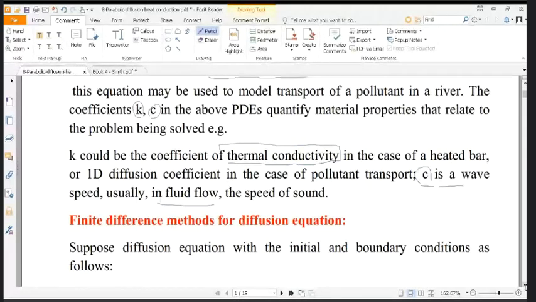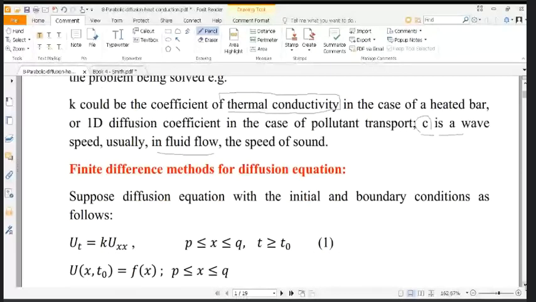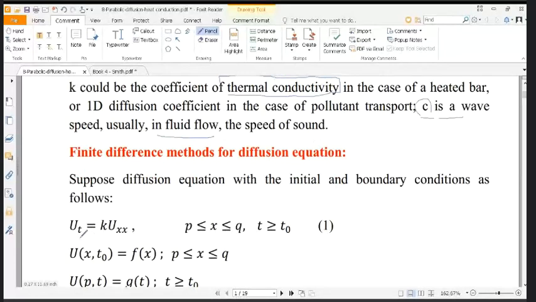Suppose that the diffusion equation with the initial and boundary conditions is as follows: Ut equal to Kuxx. It is a diffusion equation, and our goal is to introduce some finite difference methods for the numerical solution of the diffusion equation. بحث امروز ما اینه که بیایم برای معادله دیفیوژن یک سری روش‌های عددی بگیم.